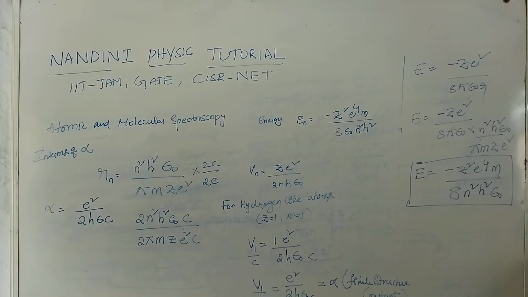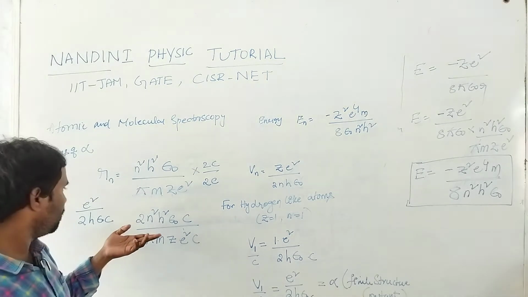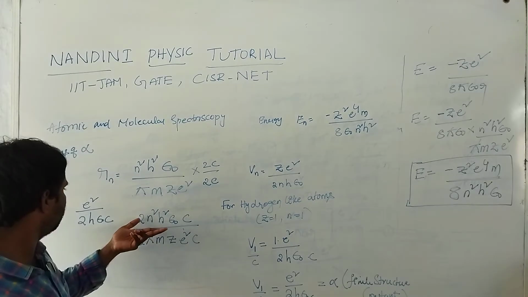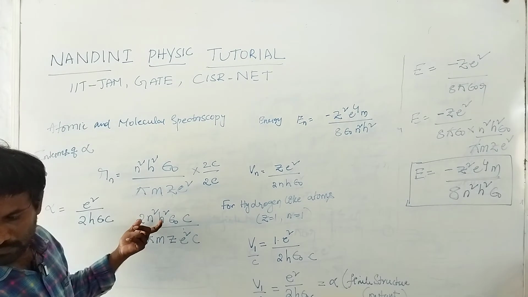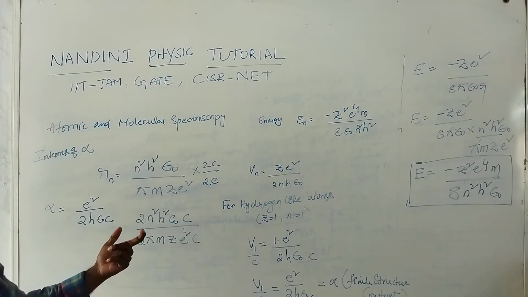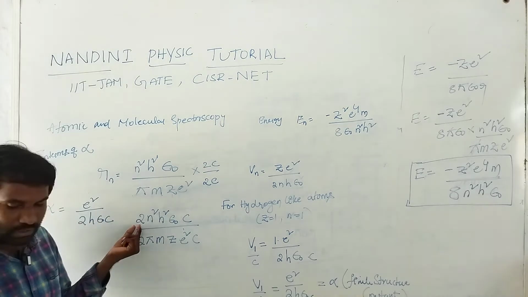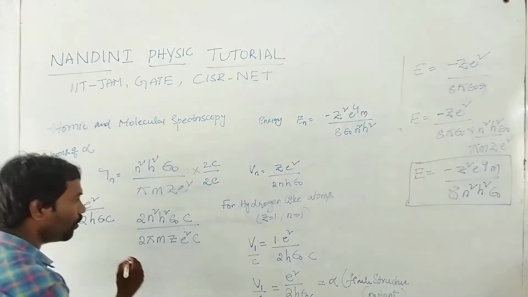Now I'll take the common factor 2h epsilon naught c.